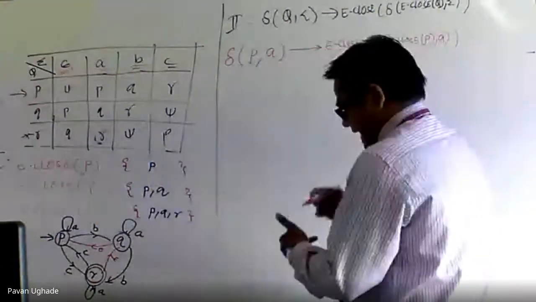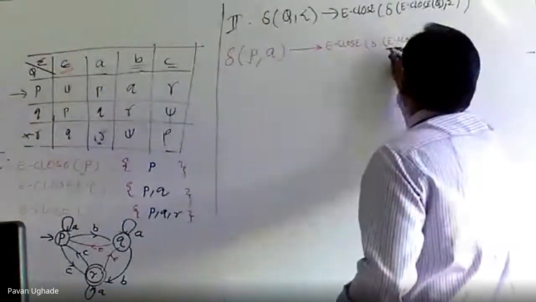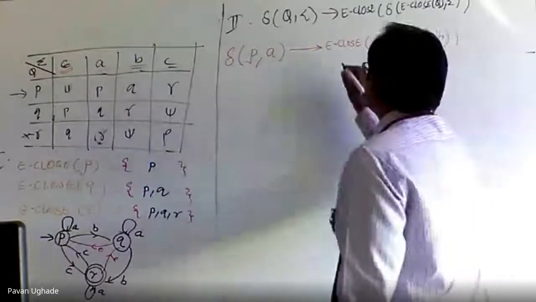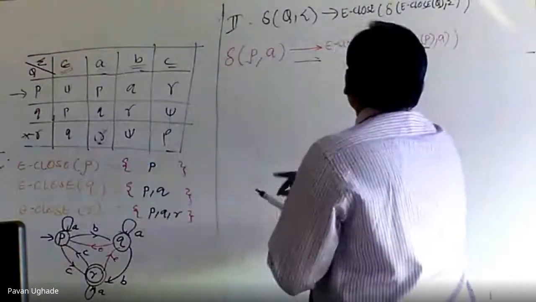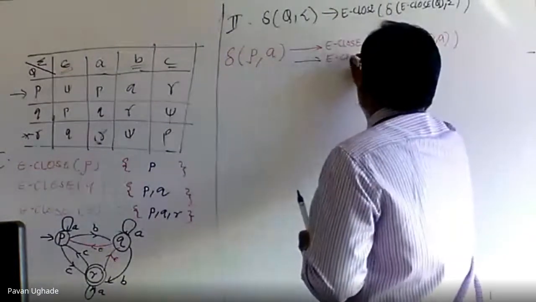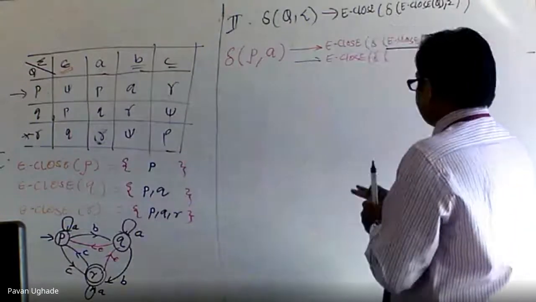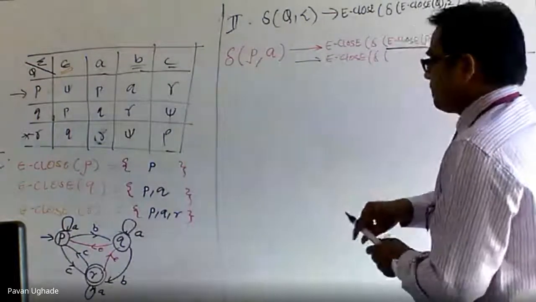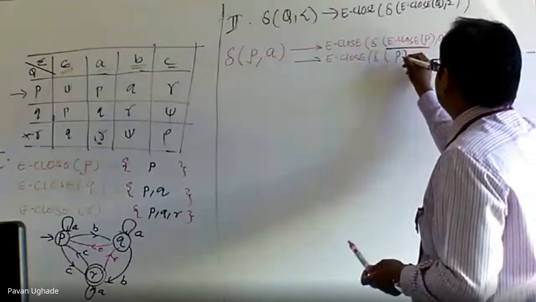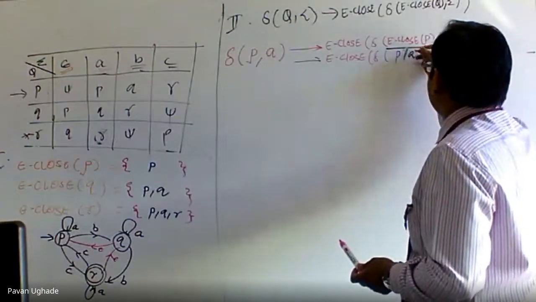Okay. Now, as it is the innermost, first solve this. Epsilon closure of P is P itself.